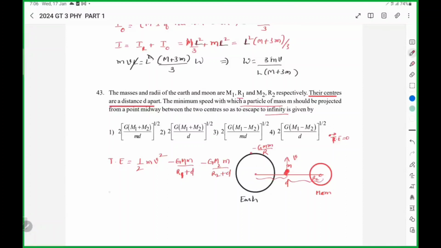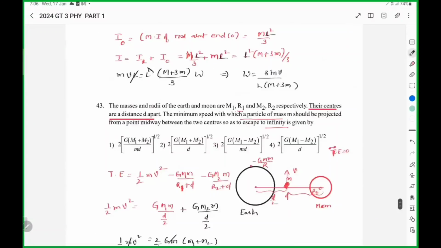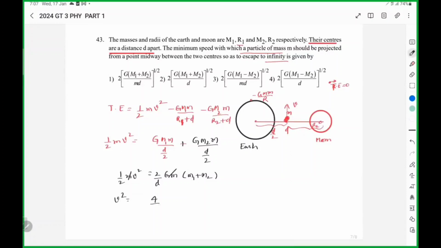For escape, this energy must be zero. Since it is told to be the midpoint, I'll write d by 2. The potential energy terms give minus G M1 m by d by 2 minus G M2 m by d by 2, that is 2 by d, G m taken common, plus half m v square equals zero. So v square will be 4 by d times G (M1 plus M2), which gives v equal to the square root of 2 times G (M1 plus M2) by d times 2. So the second option is correct.